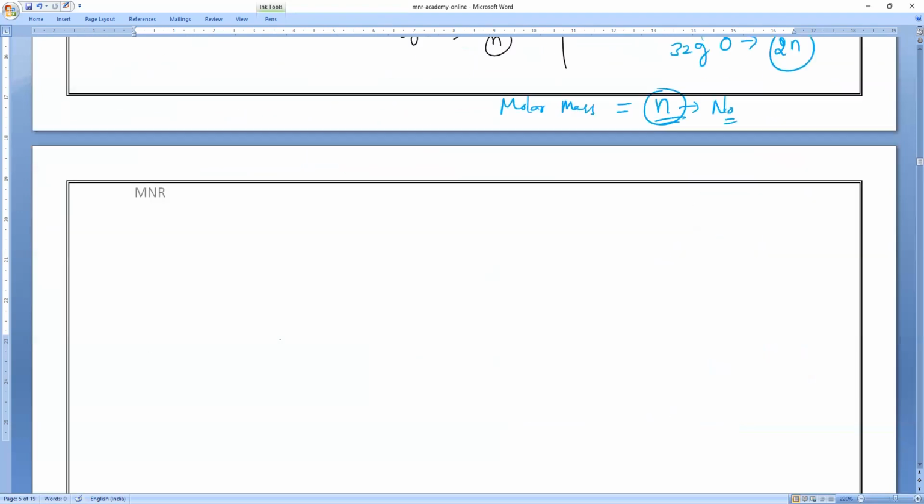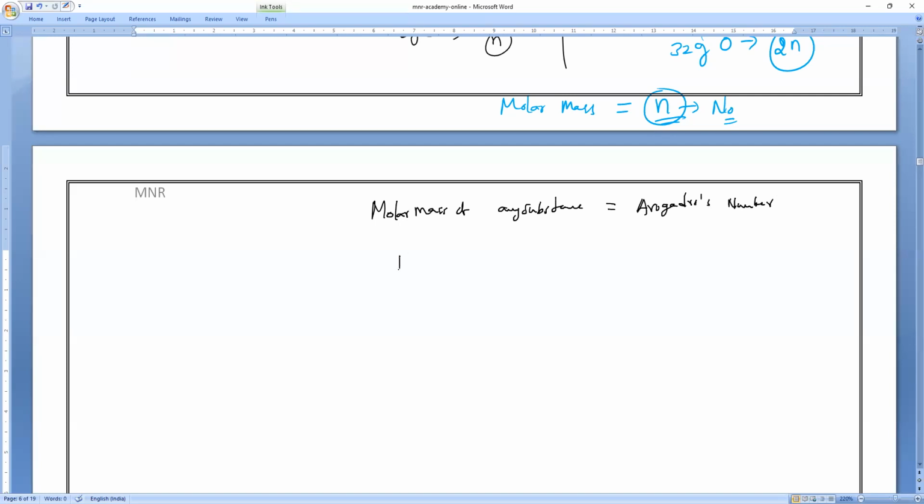Everybody? So note that most important point: the molar mass of any substance is equal to Avogadro's number.